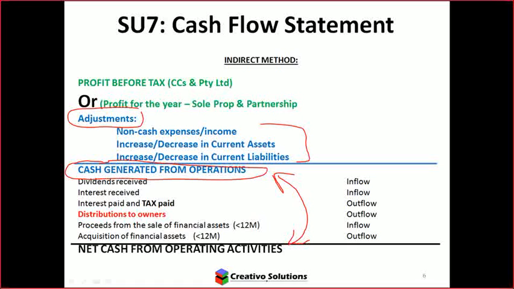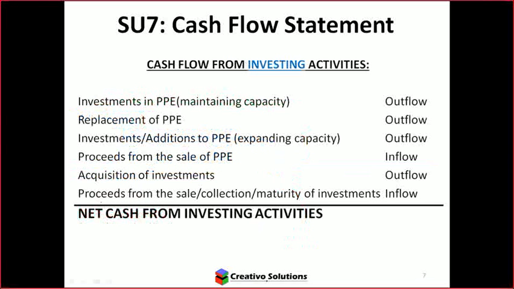Right, and that's why when we approach the cash flow, how do we know what T-accounts to draw up? We need to look at the actual additional information. Right, there are going to be clues there that tell you what you're going to have to be doing in terms of a working. Yes. Okay, so that's direct and indirect. Investing is easy because it's just one heading and one total.